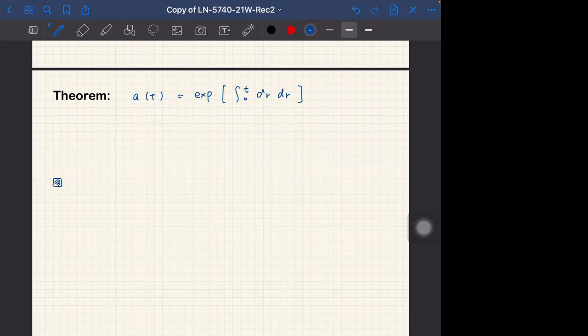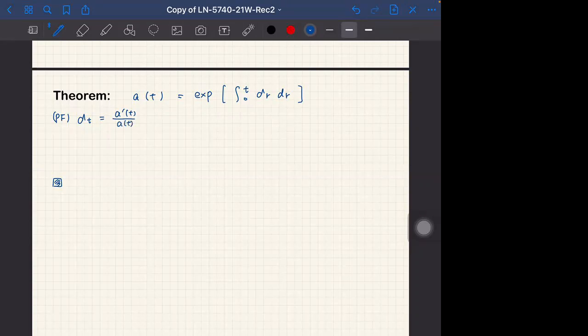Now we want to prove this. The proof is actually not difficult. Delta sub t is equal to a prime of t over a of t.